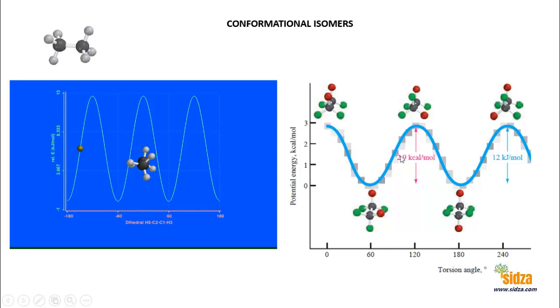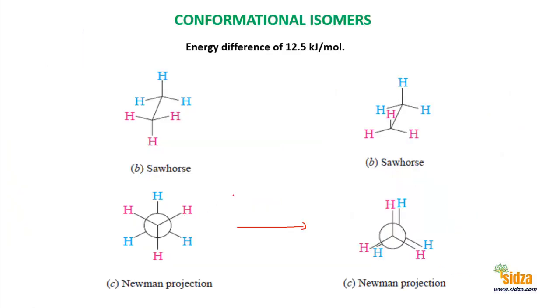You can see here, by a 60-degree rotation from eclipsed you get a staggered, and a further 60-degree rotation produces the eclipsed from the staggered. So if you do a 60-degree rotation here, this hydrogen atom will now eclipse with this one, and this one will eclipse here, and this one will eclipse here.